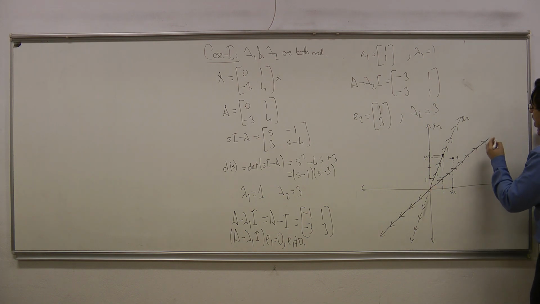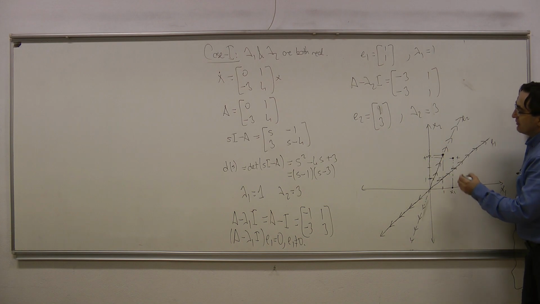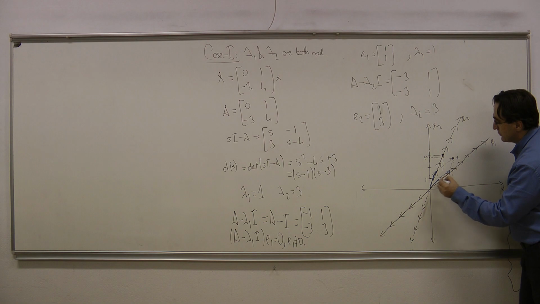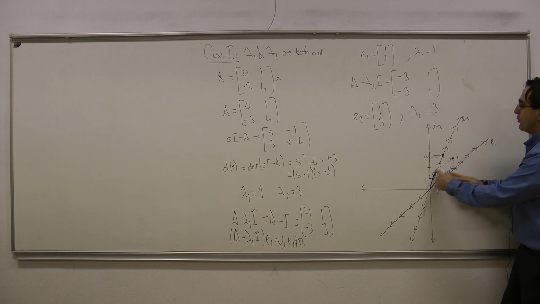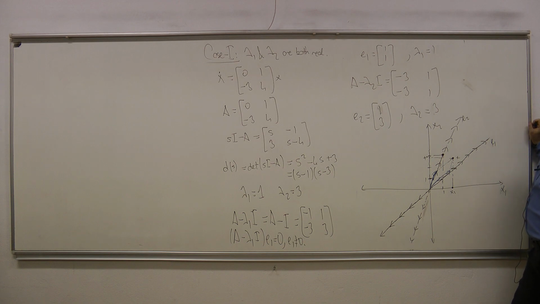Okay? So here, instead of examining this state according to its x1 and x2 components, I will try to decompose this state into two parts. The first part is going to be this part. Okay? And the other part is going to be this one. All right? And the sum of these components would give me again the same state.